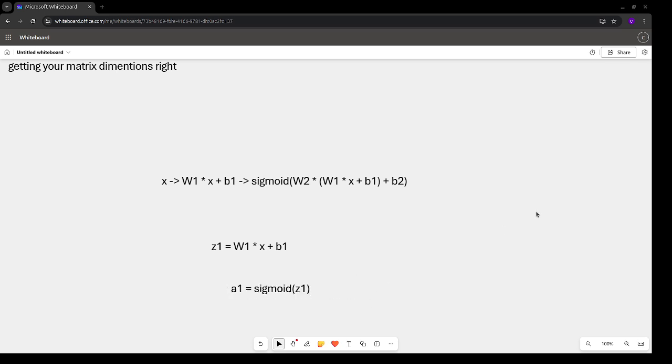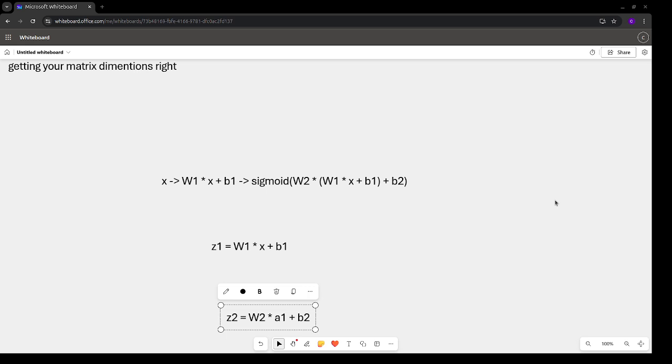This is our activation function, where sigmoid is the sigmoid activation function. The second layer is this thing, Z2 equals W2 A1 plus B2, where W2 is a matrix with shape P by N, B2 is a vector with shape P comma something, A1 is a vector with shape N comma something, and Z2 is a vector with shape P comma something.